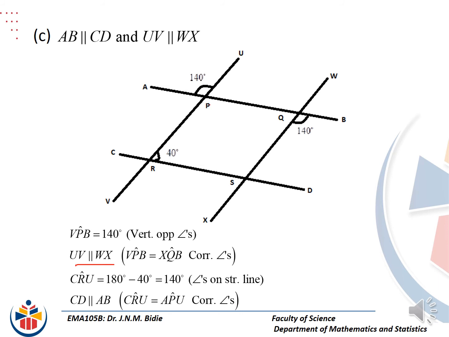So in order for me to get angle VPB, I just have to remember that it's equal to 140 degrees because it's equal to angle APU, and they are vertically opposite angles. And therefore, angle VPB and angle XQB are corresponding angles. Therefore, we can simply say UV is parallel to WX.